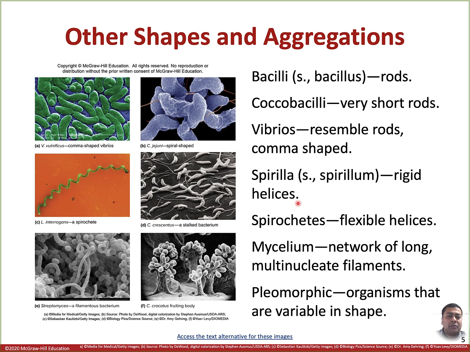What we mean by rigid helices is that these are static structures, spiral-shaped, and whether they are alive or dead, they stay in that shape. On the other hand, another group is the spirochetes, which are flexible, not rigid, helices.